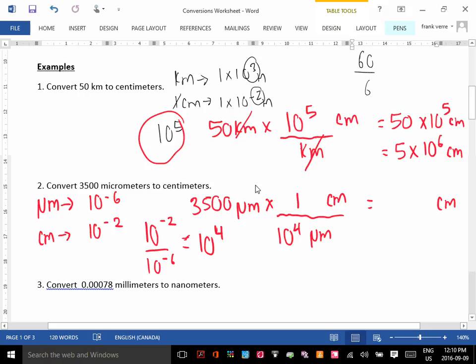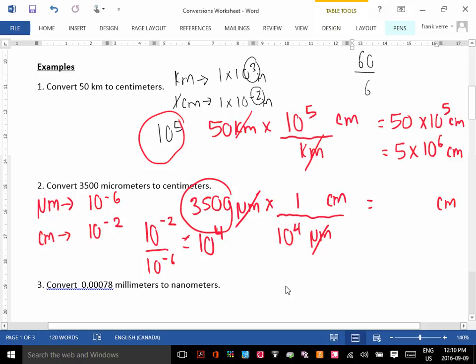So now you can see that micrometers will cancel out, and we're left with 3,500 times 1, which is 3,500, divided by 10 to the 4.